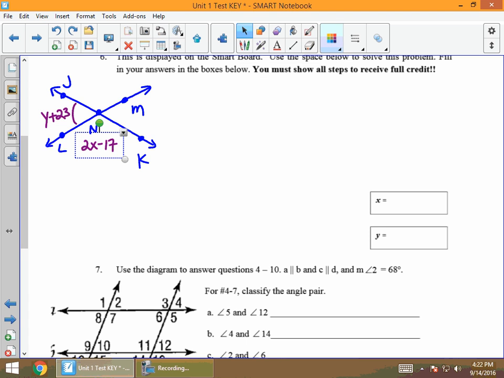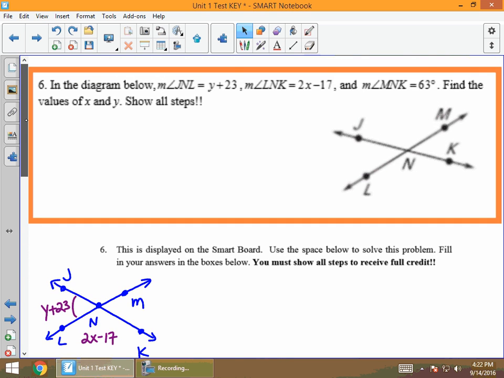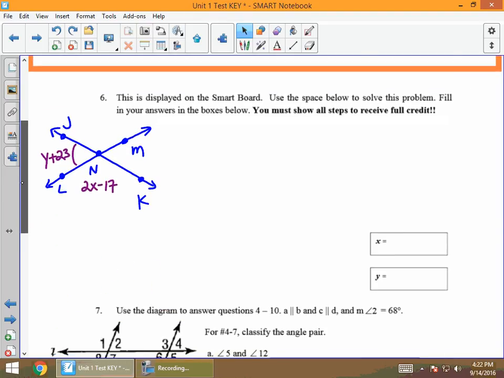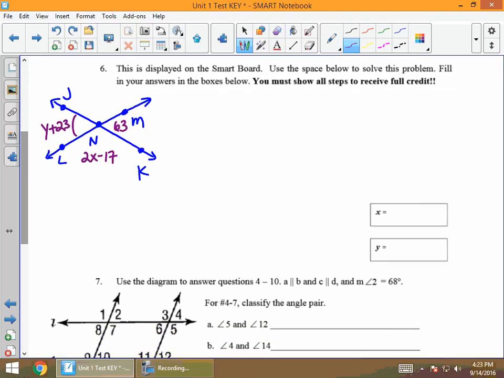We're struggling with this one. So 2x minus 17. And MNK, that's the right side, is 63. So this one over here is 63. All right. So I've now taken a look at drawing the picture and labeling everything.